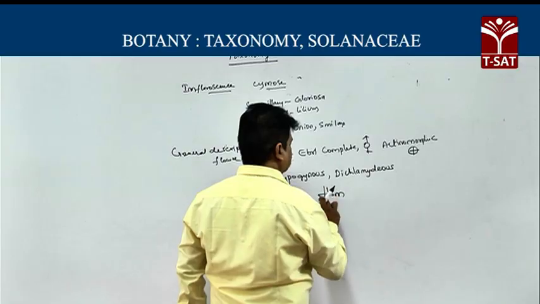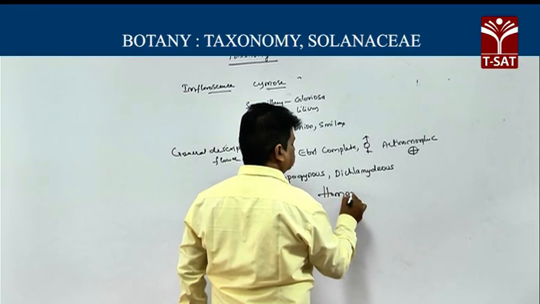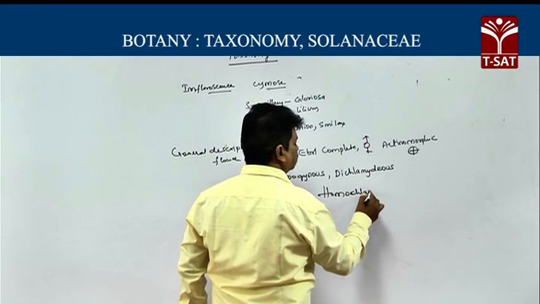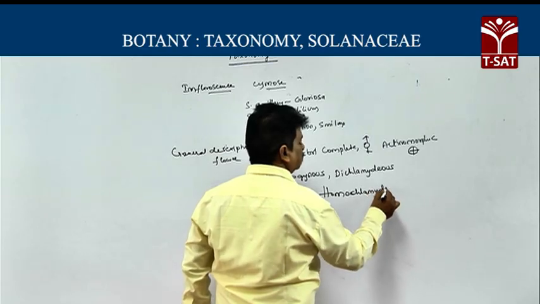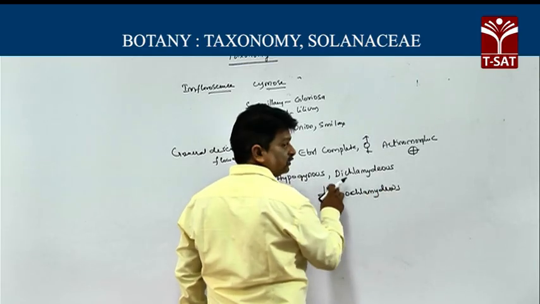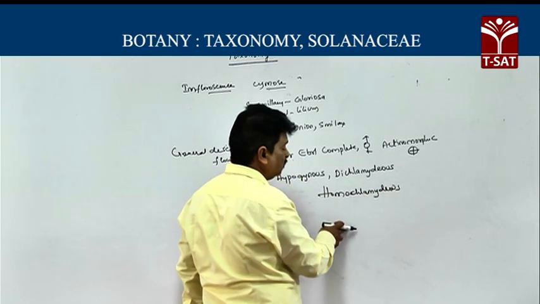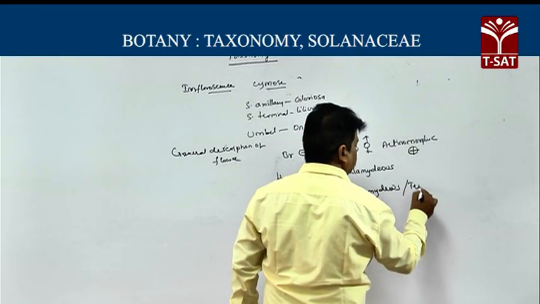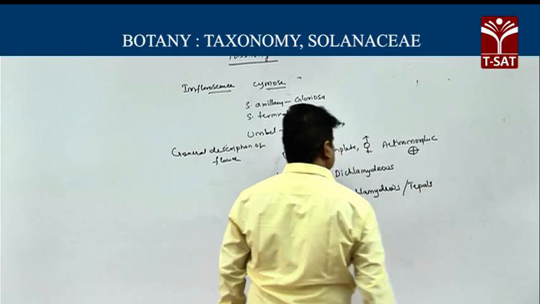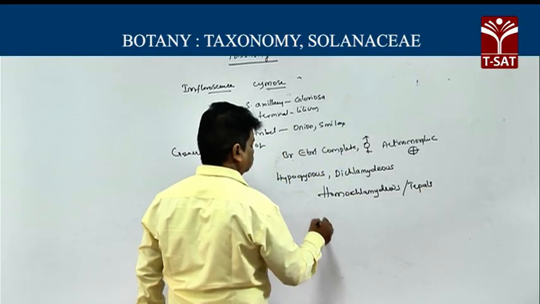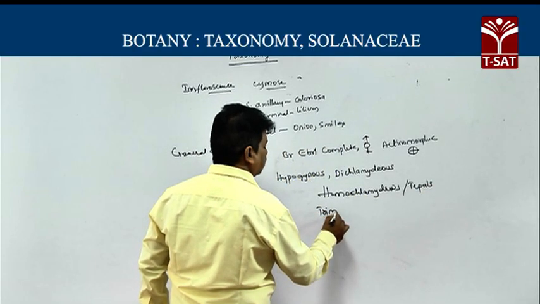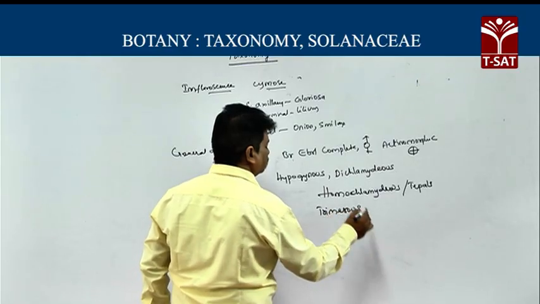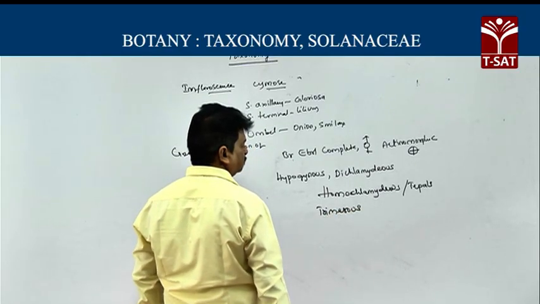But for identification of Liliaceae, homochlamydeous, calyx and corolla undifferentiated, or tepals. Generally 6 perianth members arranged in 2 rows.